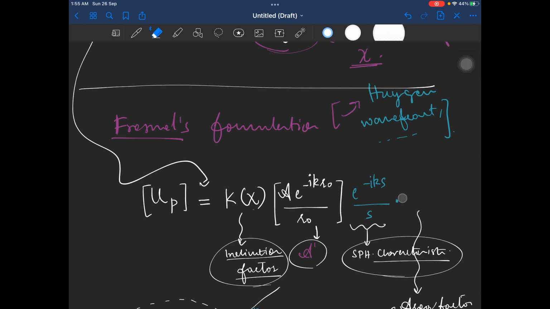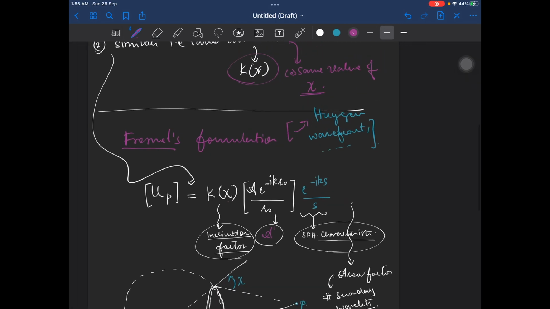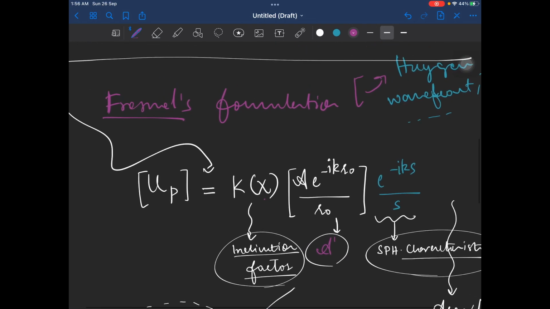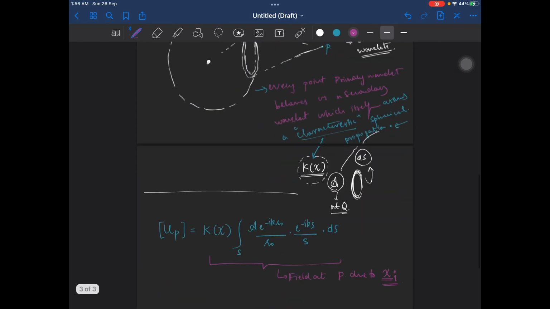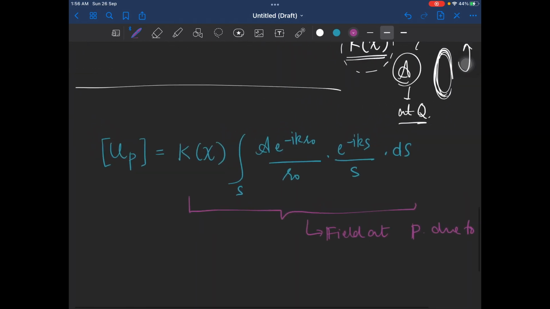Okay, yeah. We shall sum this over the surface. That is when this integral comes, right?